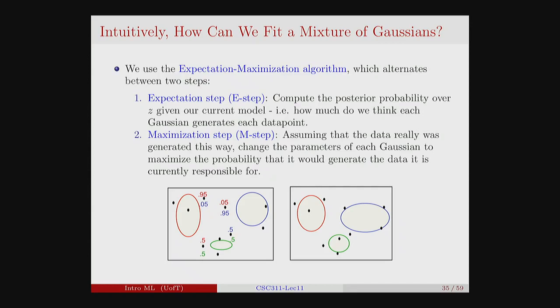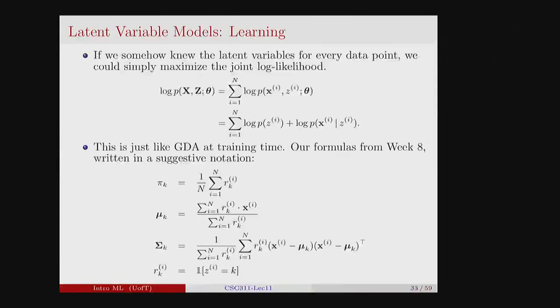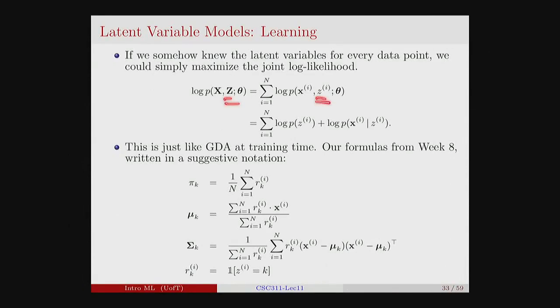And once we have these numbers for each of the different data points, we have the Zi's. And having the Zi's, you can now simplify the log likelihood over all of your observed data as a summation over the likelihood over the observed data and the likelihood over the guesses.